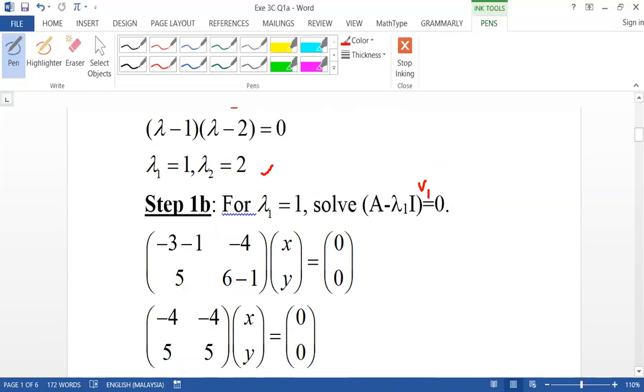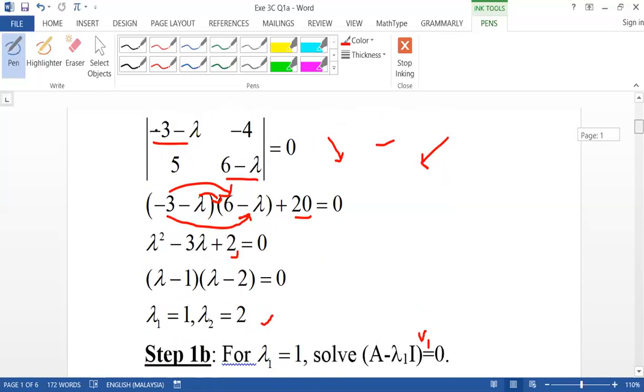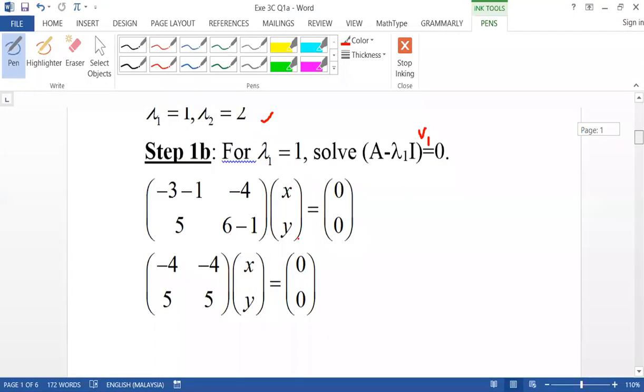From the previous determinant, you just change it to the matrix with brackets, put lambda 1 is 1 here. So -3 minus 1, you have -4, and 6 minus 1 is 5.